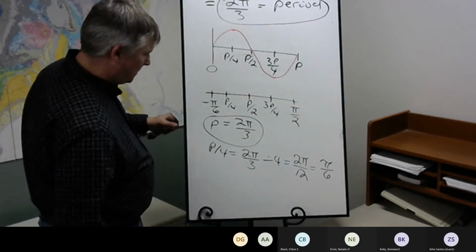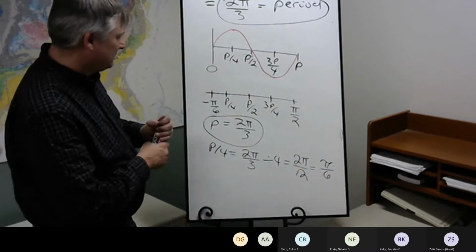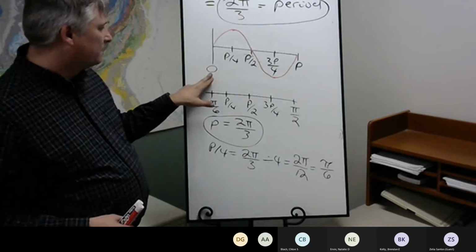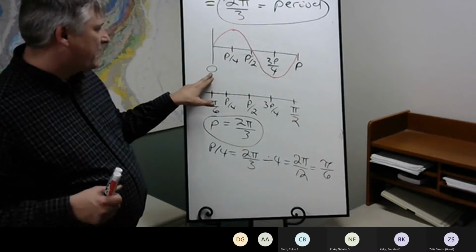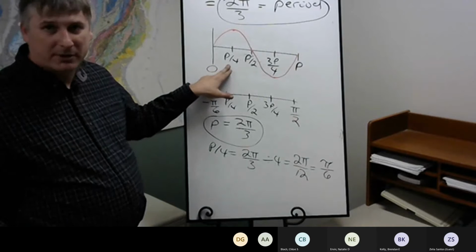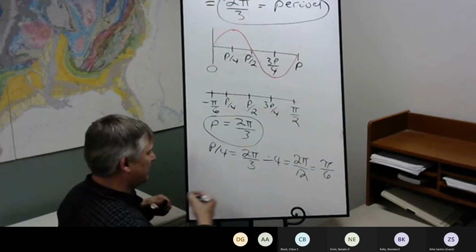So what we're going to do, let's see, we have to be a little careful here because this is 0. So if we add period over 4 to 0, we just get period over 4. So what we have to do is take the start.